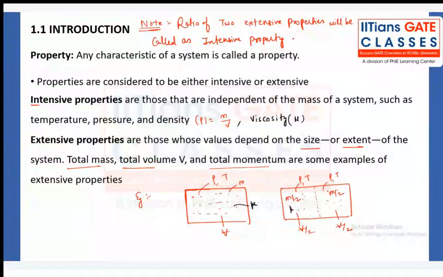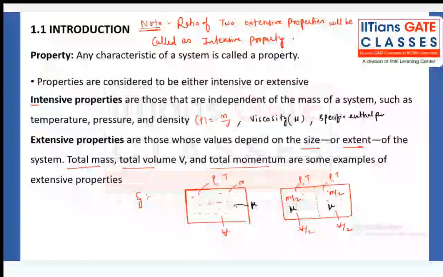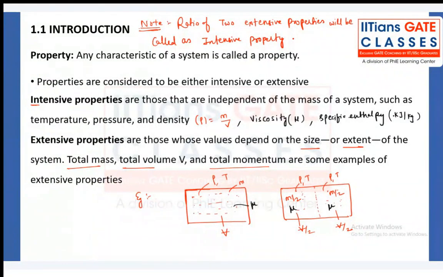Whatever the fluid viscosity is will remain the same after dividing the room also. Specific enthalpy, which is nothing but kilojoule per kg. Once we have divided by mass, it is not depending on the mass, so it will become an intensive property. Yeah, dynamic viscosity, already written.